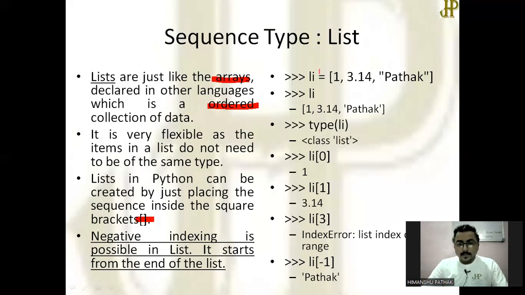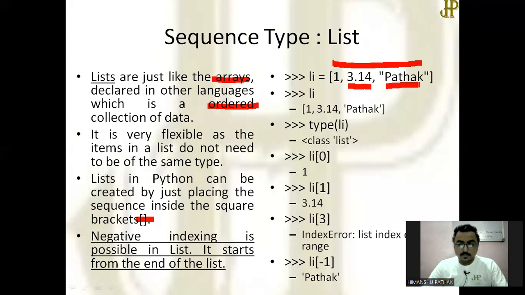So in the example, you can see that I created a variable li and 3 values are stored over here. The first one is an integer, the second one is a float, and the third one is a string type.